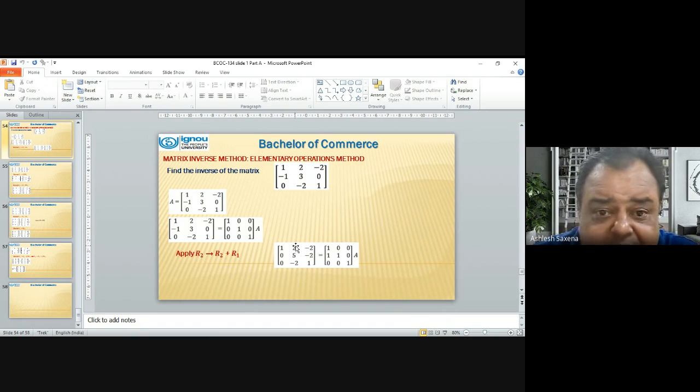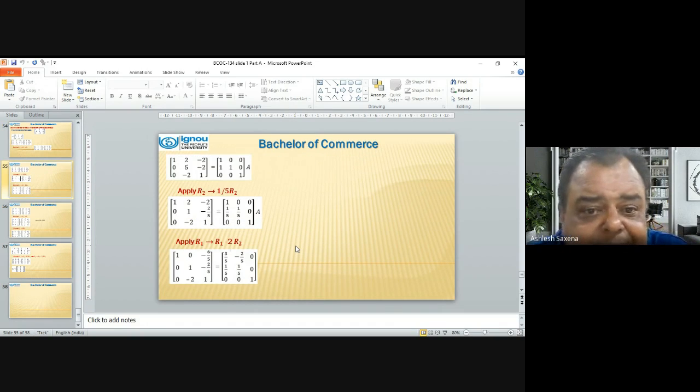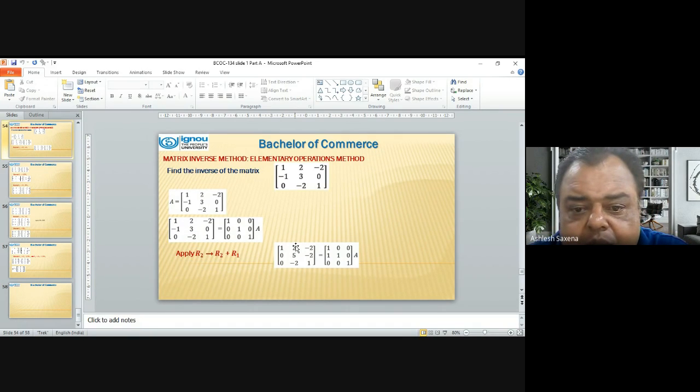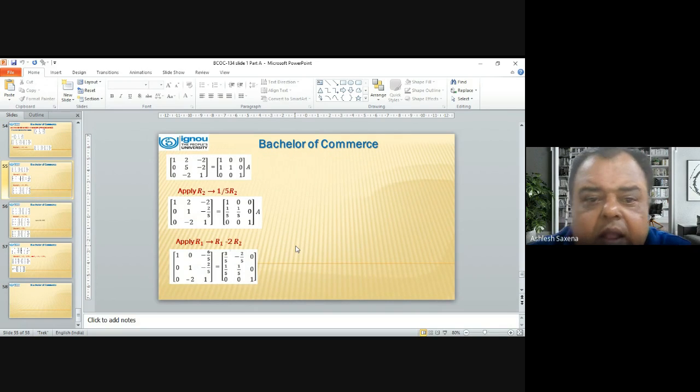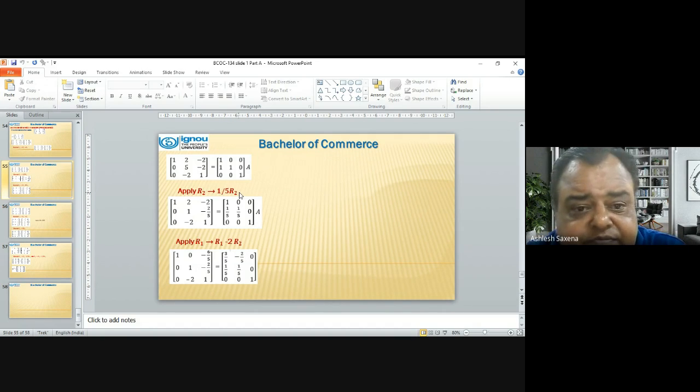What to be performed? What I'm doing is R2 tends to 1 by 5 R2. That means again in row 2, I'm making this as 1, because I'm already having 1 over here.